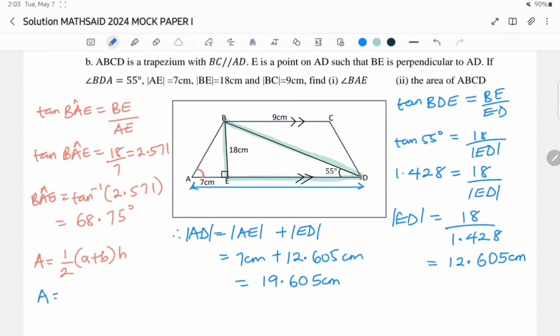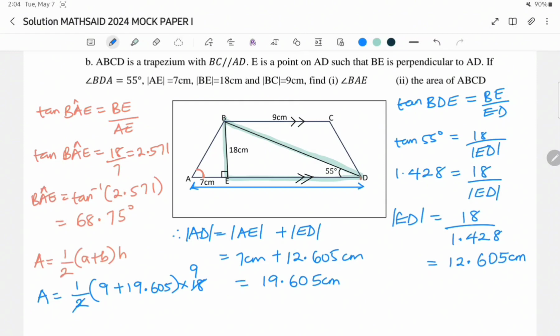Now we can proceed to calculating the area. Now area is going to be what? 1 over 2, the sum of the two parallel sides, that is 9 plus 19.605, right? Times height, which is 18. So these 2 here can cancel 18 here. We'll find 2 in 18 9 times.